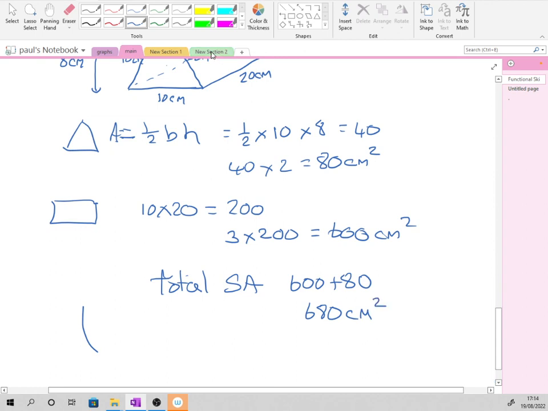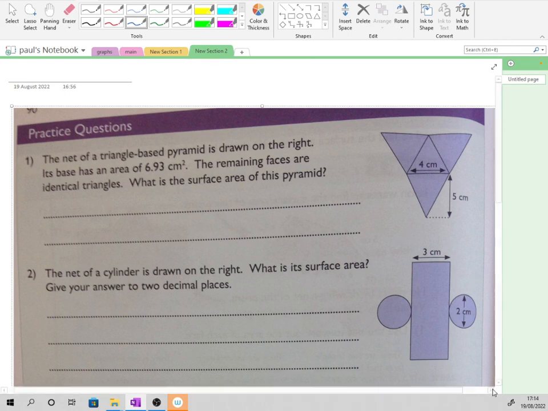So let's have a look at some more questions here. This is a longer one. Oh my God, triangles. Right, the net of a triangle base pyramid is drawn on the right. It has a base area of 6.93. There's the base, that one there. The remaining faces are identical triangles.